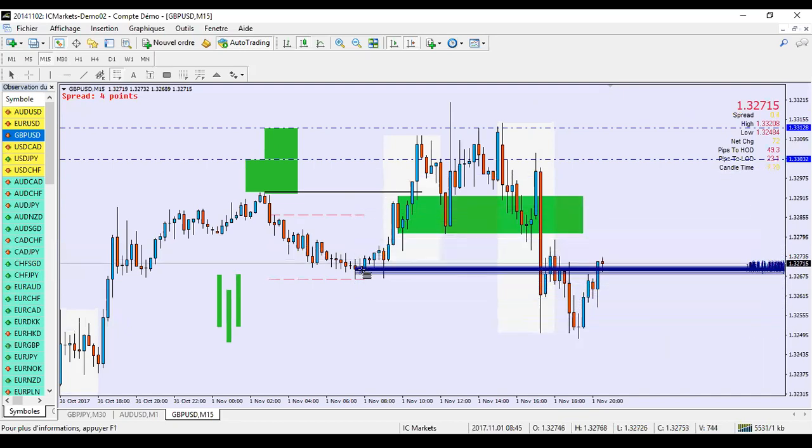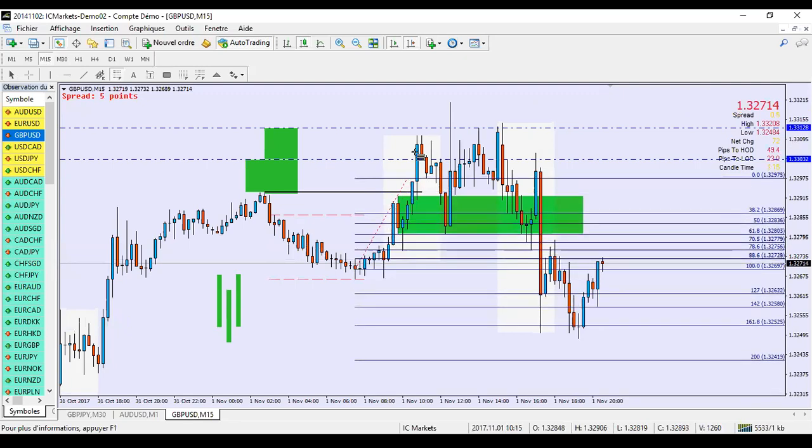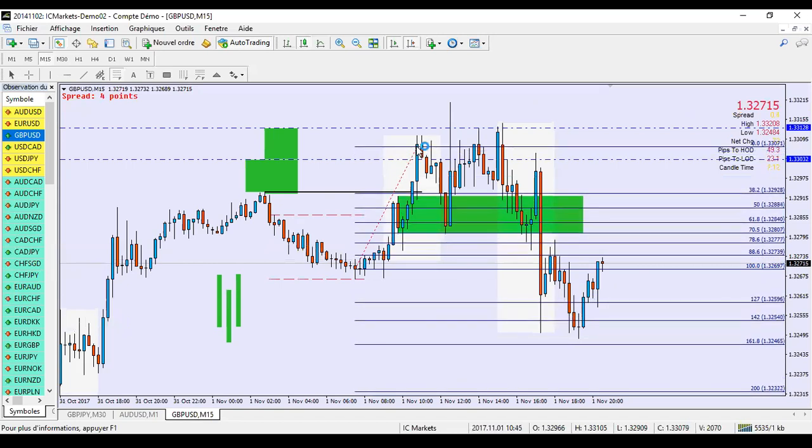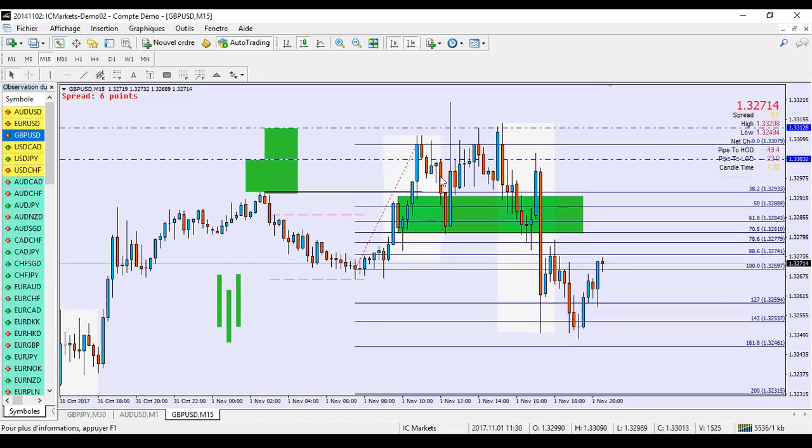I place my Fibonacci from the low of the Asian session before the London move, up to the high. What I'm searching for is always my 70.5 level. As you can see, my 70.5 level is exactly here.